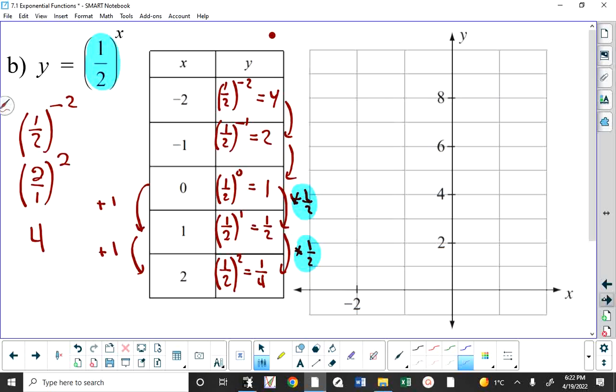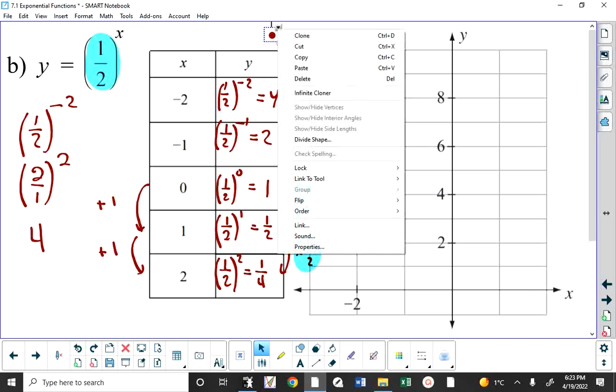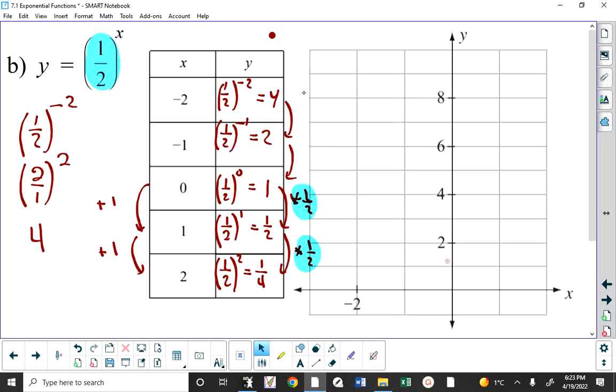So we'll plot some points. The y-intercept is 1 again. The y-intercept is 1. It passes through 0, 1. It passes through 1, 1/2. It passes through 2, 1/4.